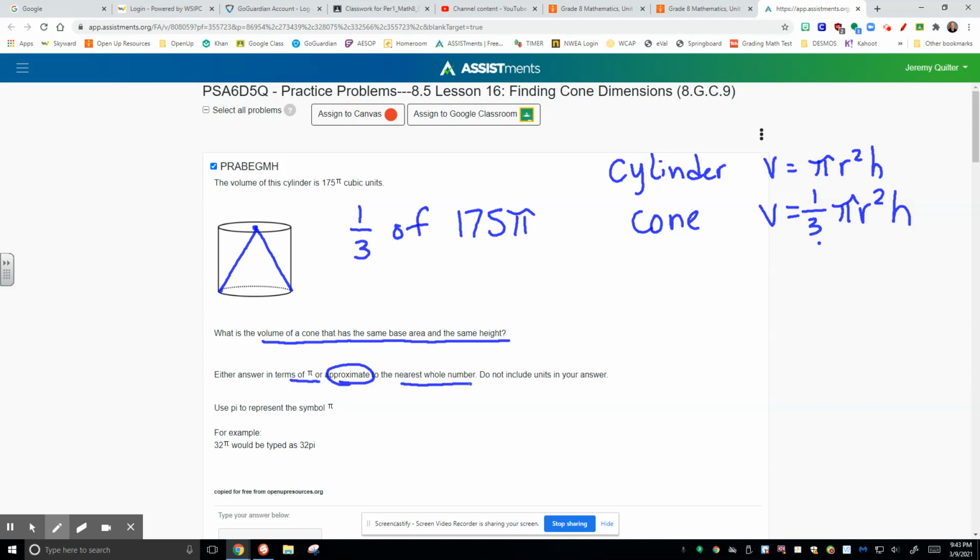So be really careful if you do choose to go to a decimal. You can always leave it in exact terms of pi. If it came out to 32, rather than putting the symbol for pi, we need to write 32 pi. Okay, so go ahead and give that a shot, see what you can come up with.